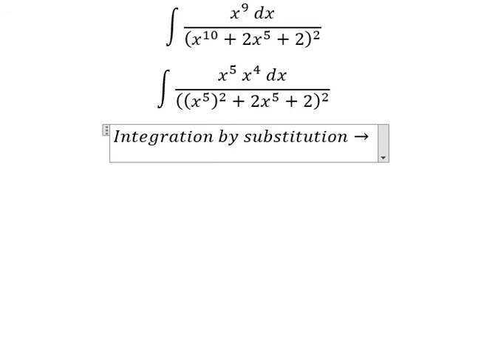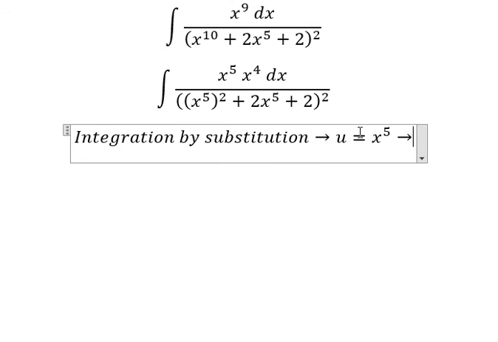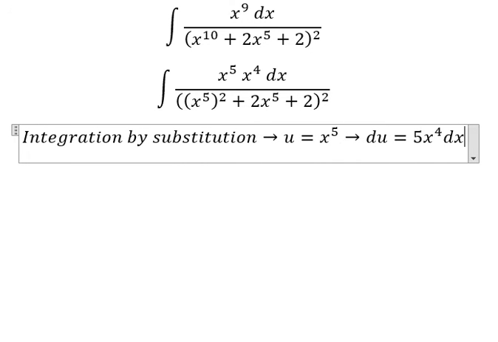So we put u equals s to the power of 5. If we take the first derivative of both sides, we get du equals 5s to the power of 4 ds. Because we don't have the number 5 in here, we need to divide both sides by 5.